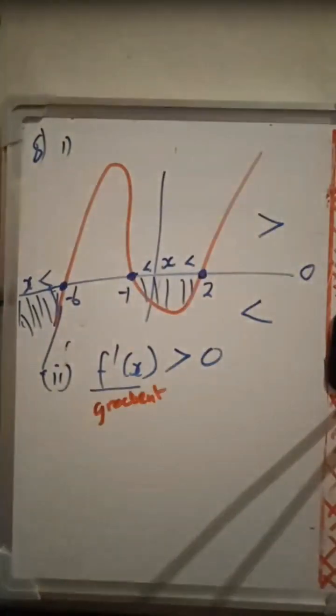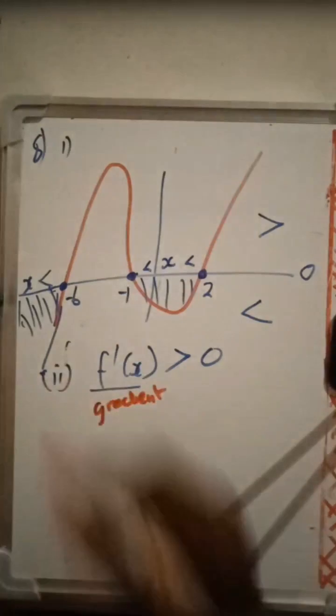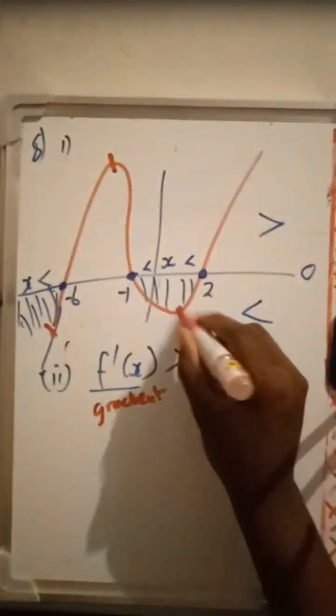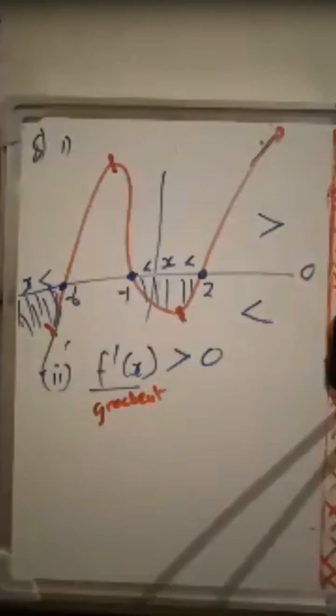So they are asking, where is the gradient positive? So the gradient is positive from there to there. And also from there going onwards. Not from there to there. It's from we don't know to there. And from there to we don't know.